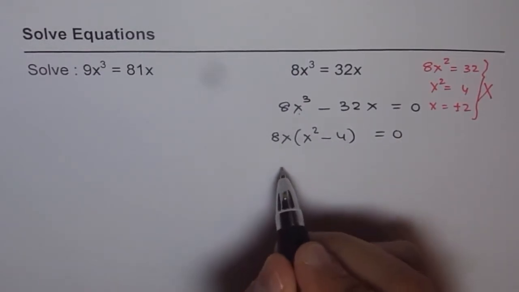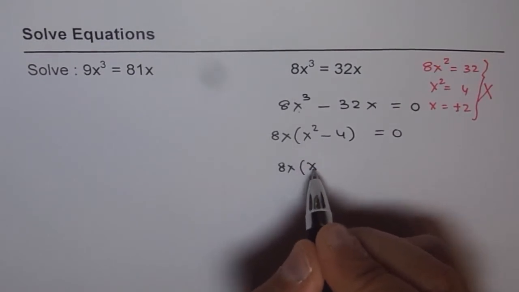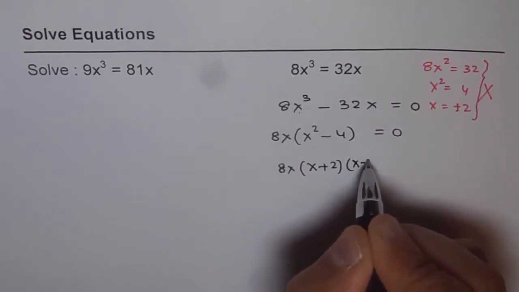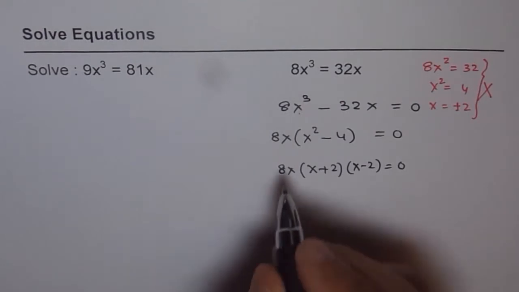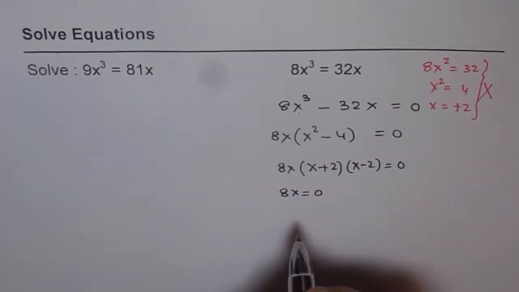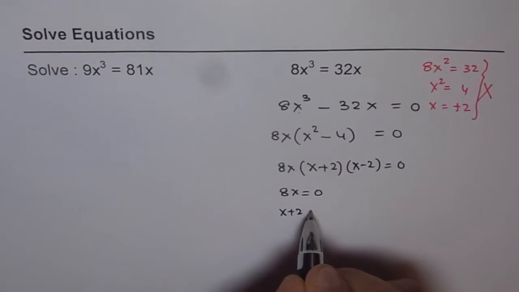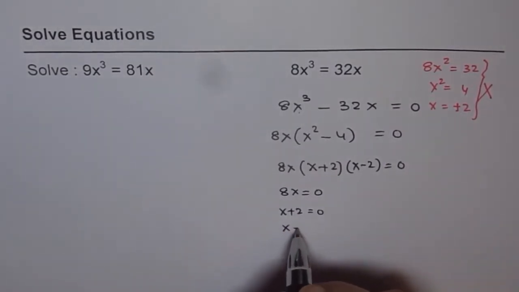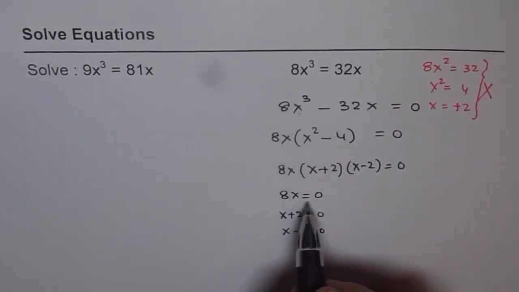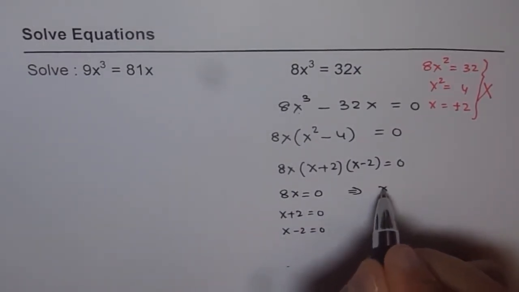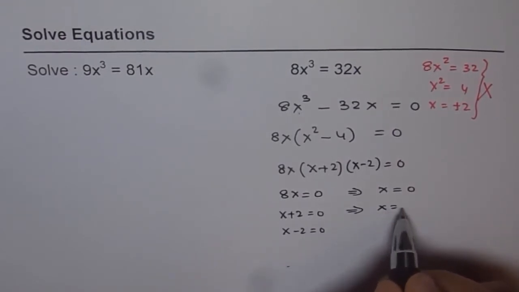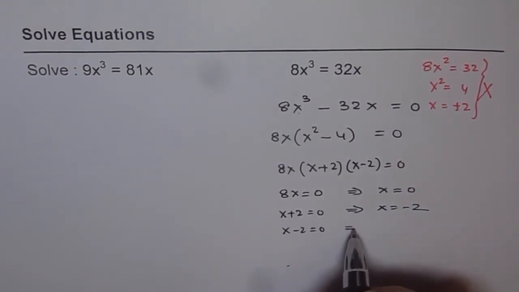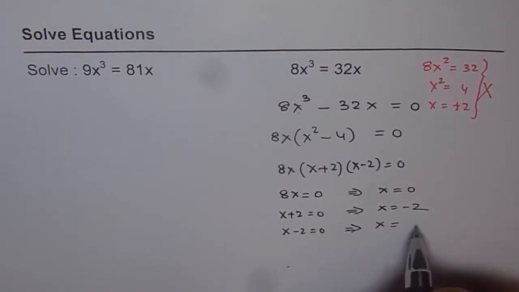Now this can be factored: 8x times (x plus 2) times (x minus 2) equals 0. You can clearly see we have three factors here, which means three different solutions. One is 8x equals 0, the other is x plus 2 equals 0, and the third is x minus 2 equals 0. 8x equals 0 gives x equals 0, x plus 2 equals 0 gives x equals minus 2, and x minus 2 equals 0 gives x equals 2.